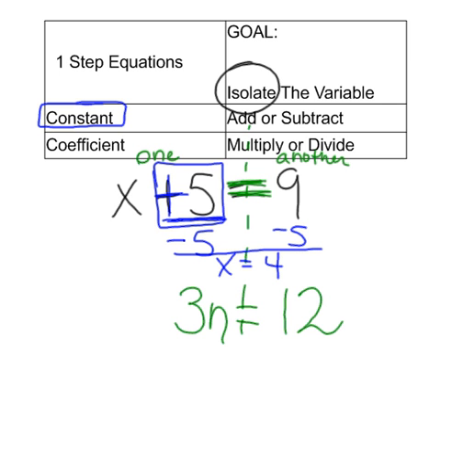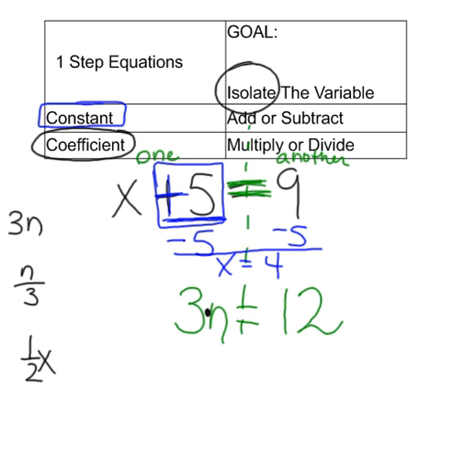Alright, on the second equation, 3n equals 12, it's important to notice that our variable is stuck to the number like glue. Whenever you see that the variable is stuck to a number like glue, like for instance 3n or n over 3 or 1/2 x, that number that's connected to that variable is called a coefficient.